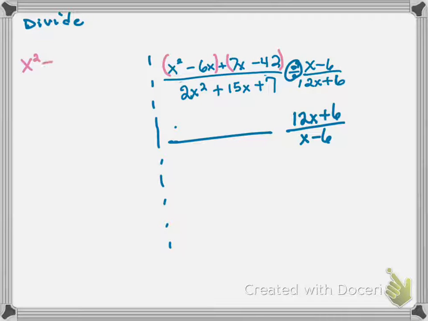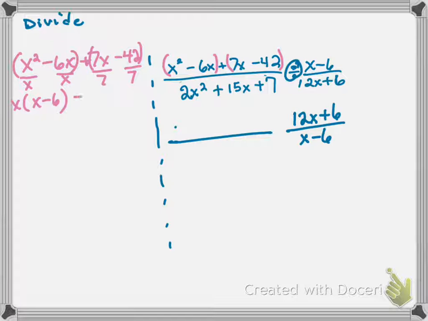So x squared minus 6x plus 7x minus 42. That can factor dividing out an x and a 7. And what I get is x minus 6, and then 7, then x minus 6.